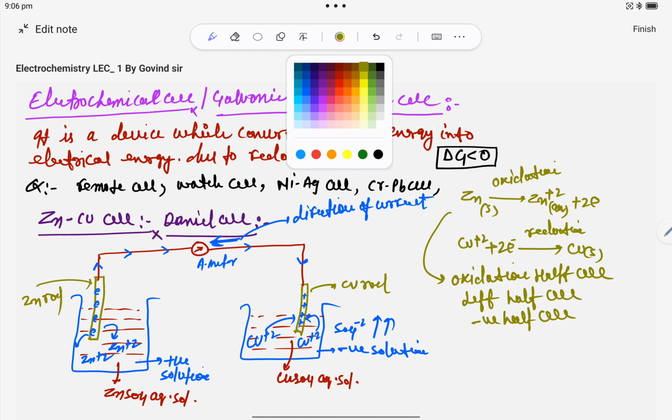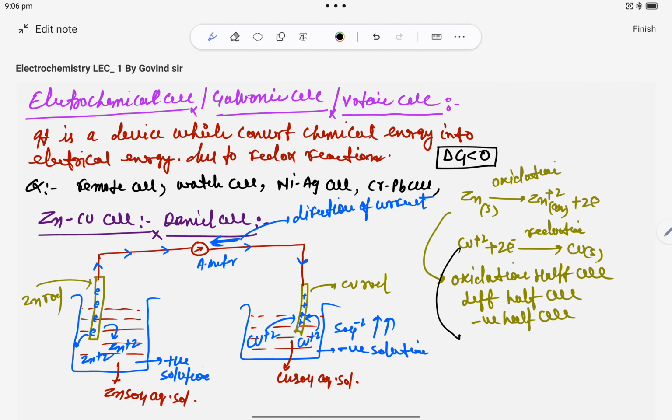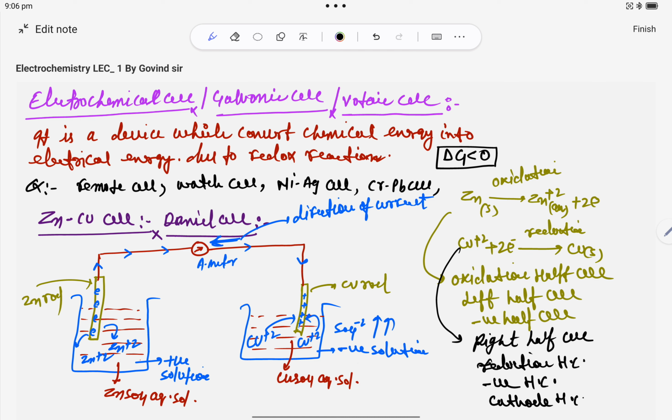For this reduction, here you can say the right half cell, reduction half cell, positive half cell, cathode half cell, and here also it's called the anode half cell.